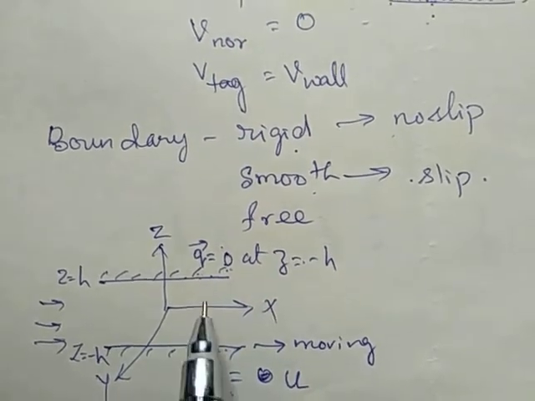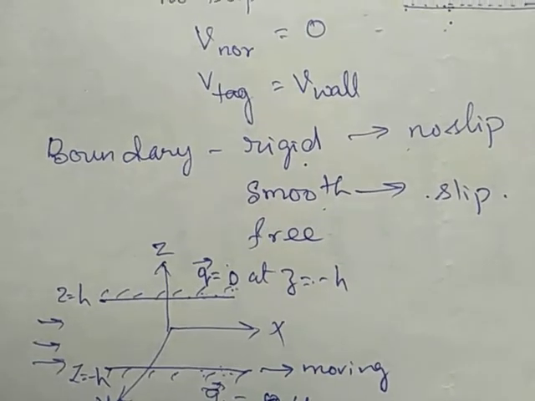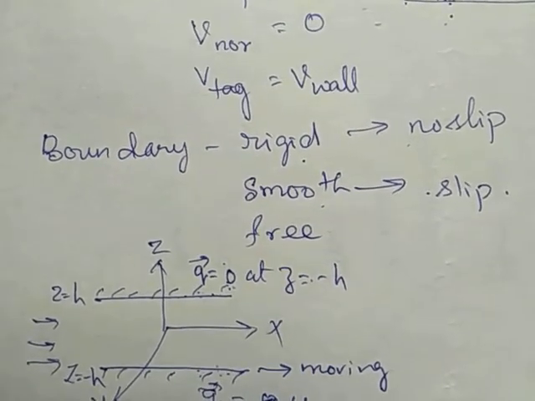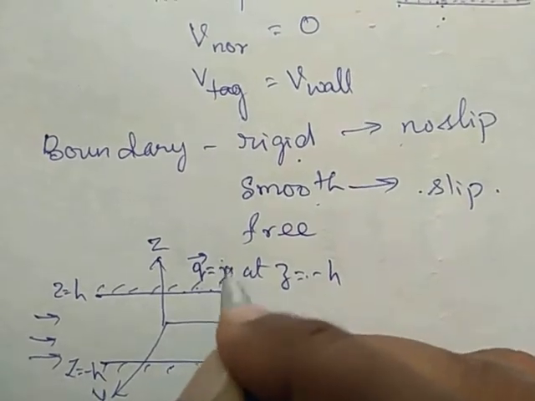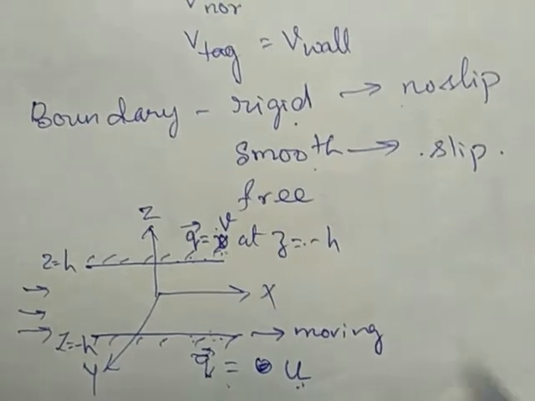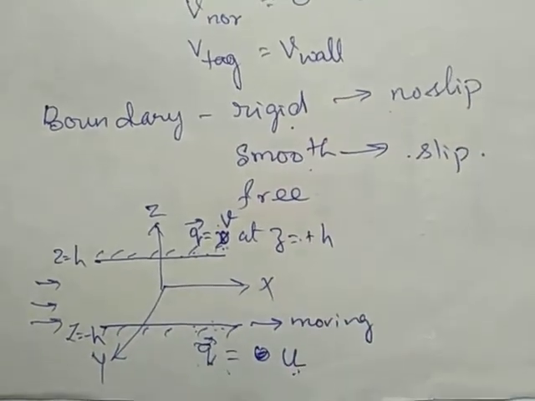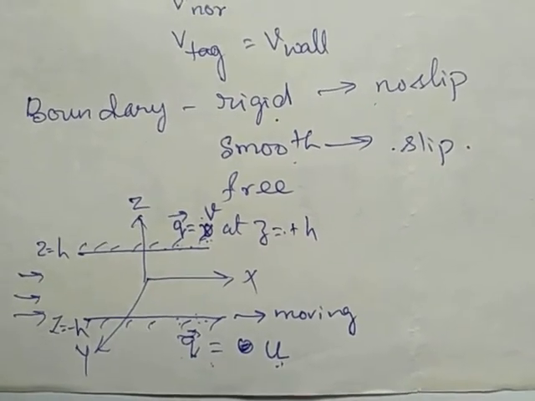This is another example. Suppose both the parallel plates are moving, then q is equal to u at z equal to minus h, and q is equal to some other velocity v at z equal to h. These are the examples for boundary conditions for velocity.